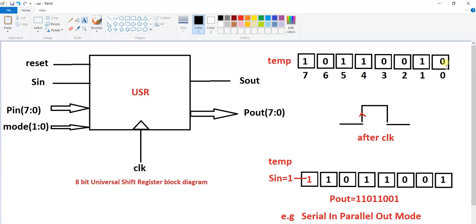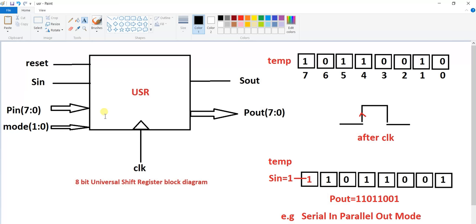The data at position 0 will be gone from the memory, and the data in sin will be loaded in the 7th position in temp. So this is the serial in parallel out mode. Your parallel output will be the data inside temp after the clock. So this 11011001 will be your parallel output.